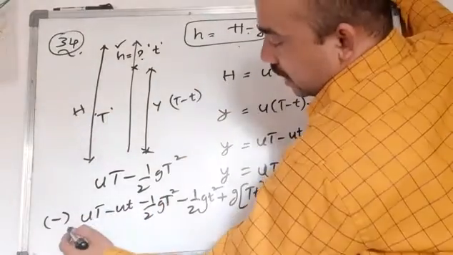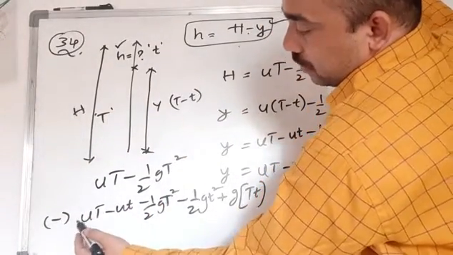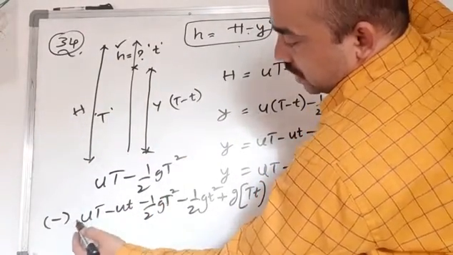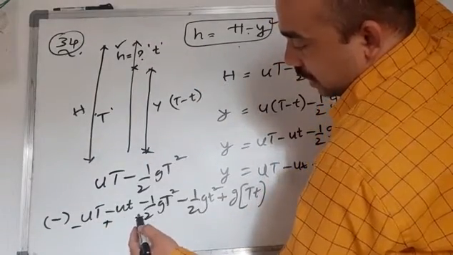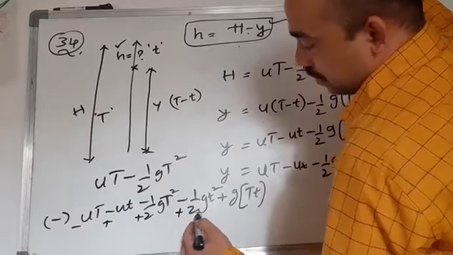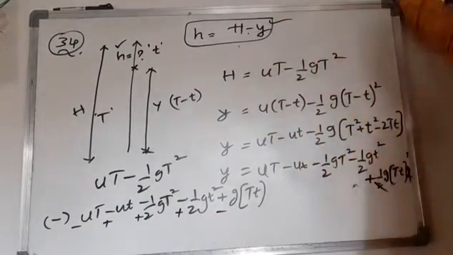So you are doing minus. Whenever you subtract, minus becomes plus, plus becomes minus. Here plus is there, so it becomes minus. Here minus is there, so plus. Here minus, it becomes plus. Here plus, it becomes minus.